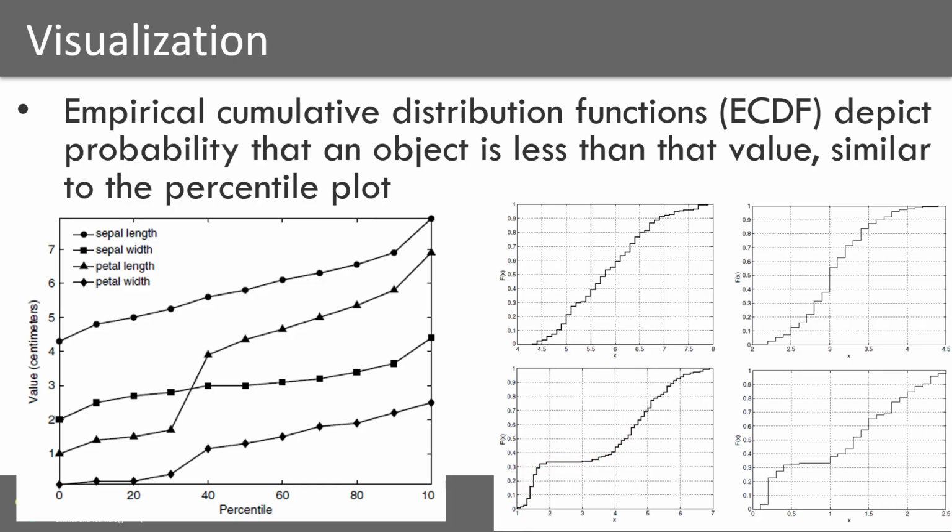For example, here we can see that there is an almost equal probability that a certain attribute will be of value 2 or of value 3. So both are probably at 0.3 cumulative probability.